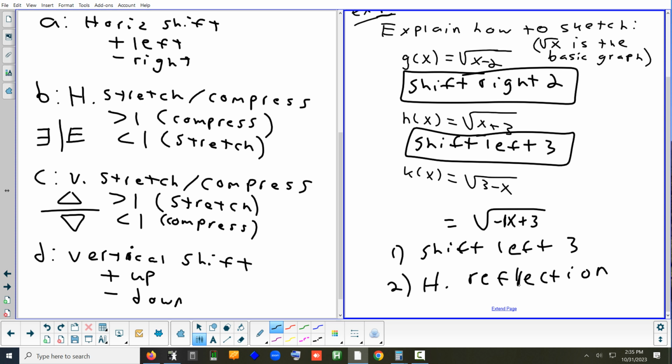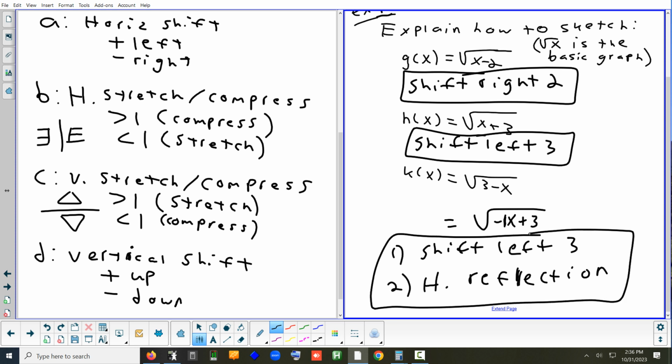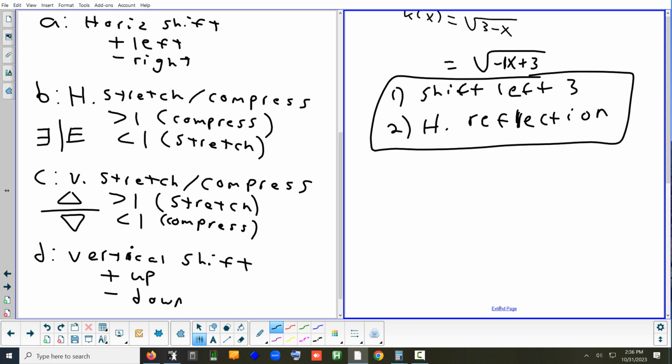It's a horizontal reflection. What axis is the horizontal reflection reflecting on? A horizontal reflection is reflecting over the y-axis. Something like that's a horizontal reflection. So that's on the y-axis.